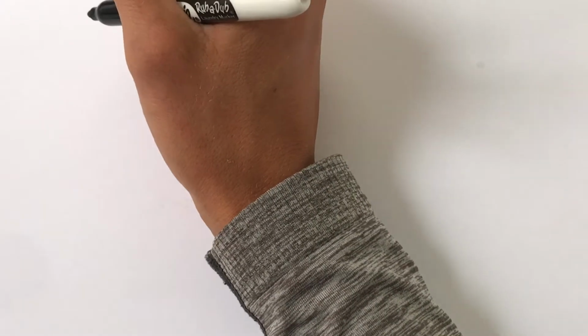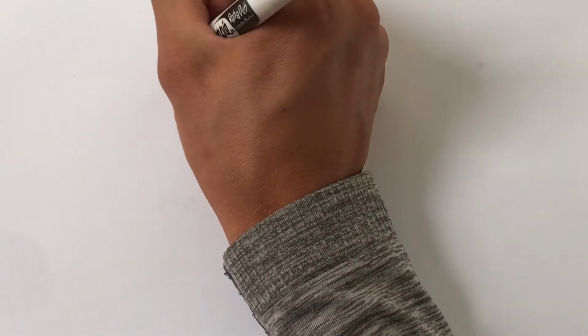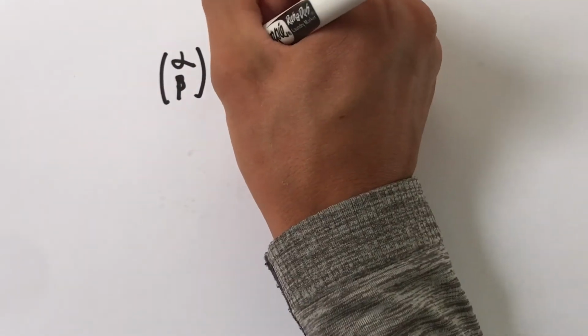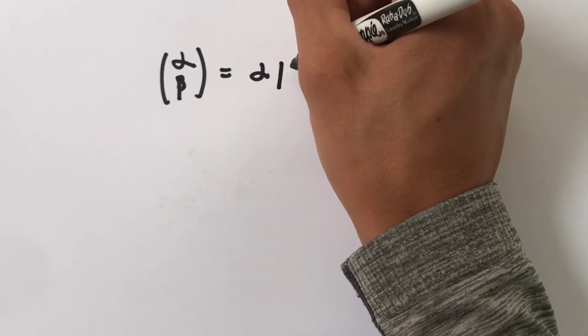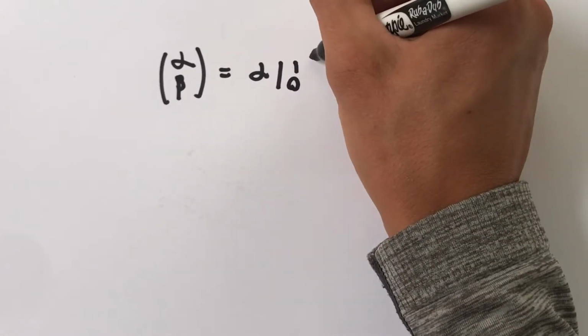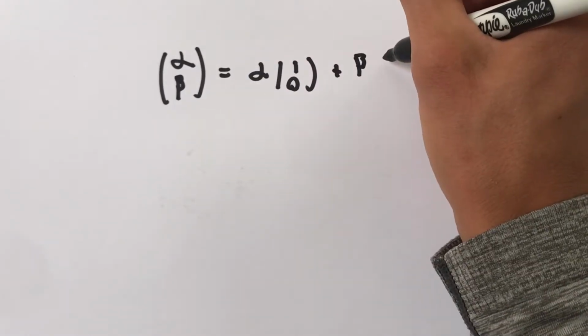So by vector rearrangement, you will find that alpha and beta in a column vector like this can be rearranged as alpha times the column 1, 0 plus beta times the column 0, 1.